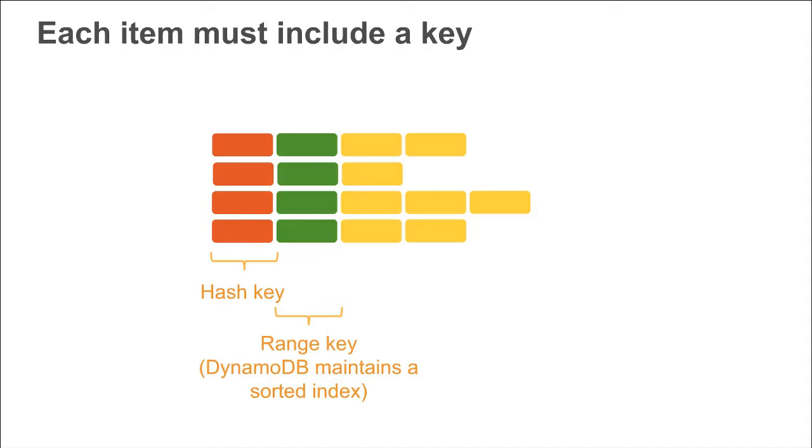You can also have an additional or optional range key. Assume range key as something like maybe a date range. For example, if you're building an employee database, consider employee ID as your hash key, which has unique IDs there. And then range key can be your date range based on when the employees have joined, right?